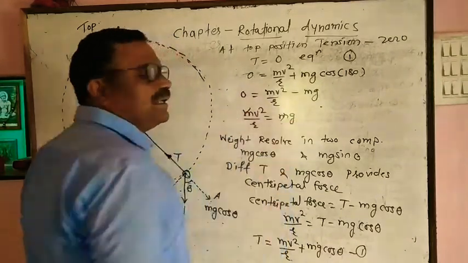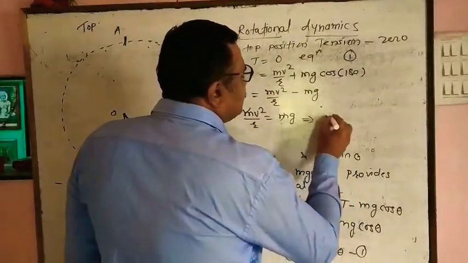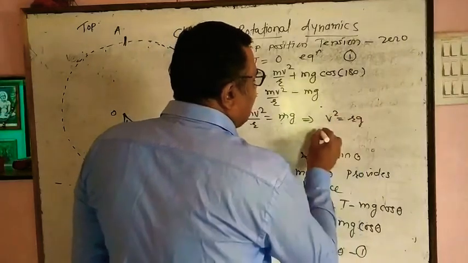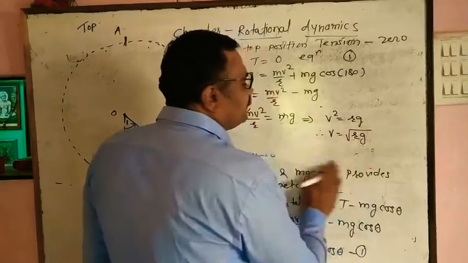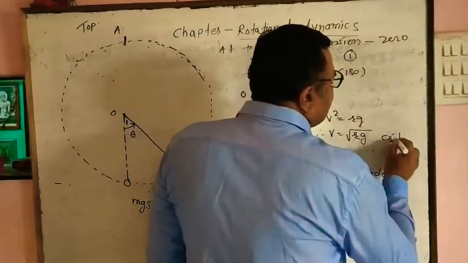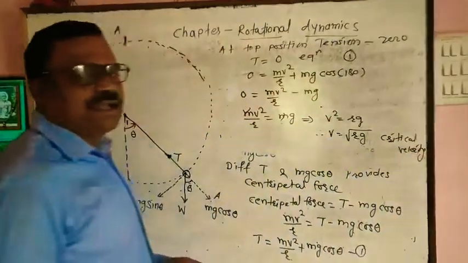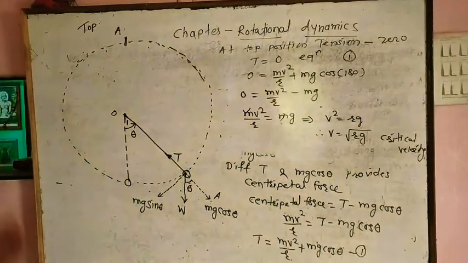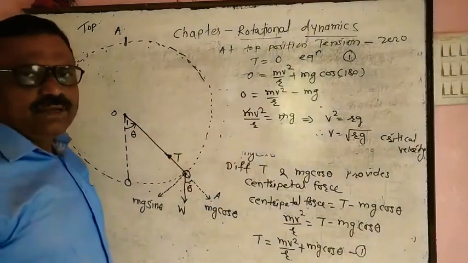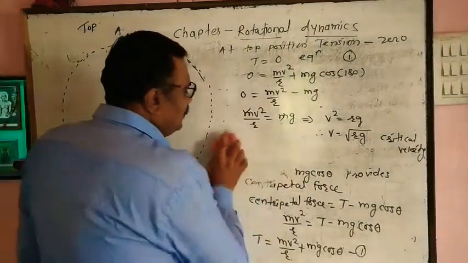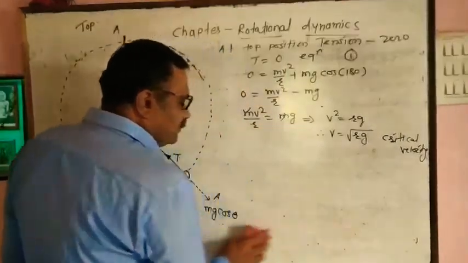Therefore m gets cancelled, and we get v square is equal to rg, and therefore v is equal to under root of rg. This velocity is known as critical velocity. This velocity must be possessed by the object at the top position in order to complete circular motion in a vertical plane.